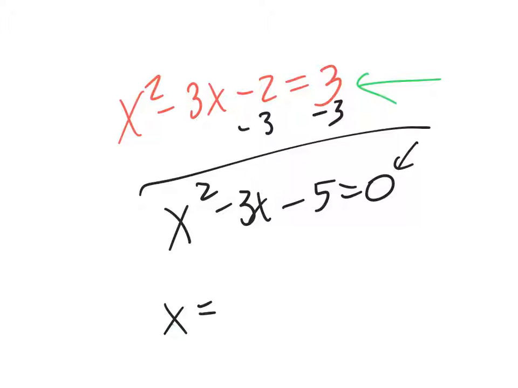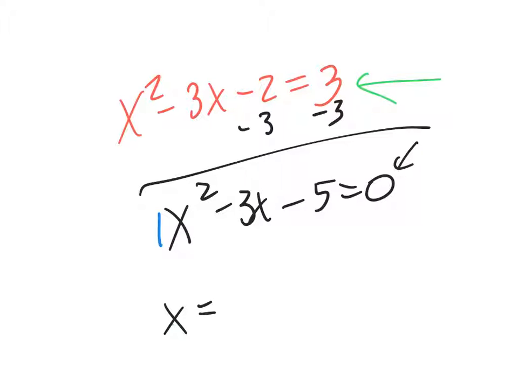So what is negative b in this case? Well, in case you don't even know where A, B, and C are, that's A, that's B, and that's C. If you haven't caught on to that, that's important to know. Those are the A and the B and the C terms.